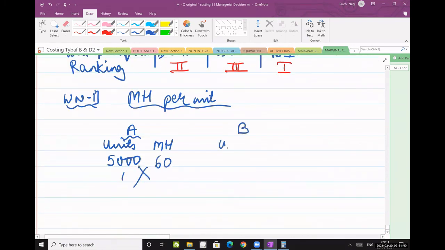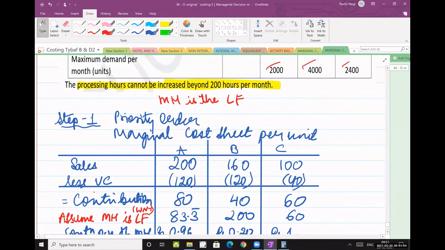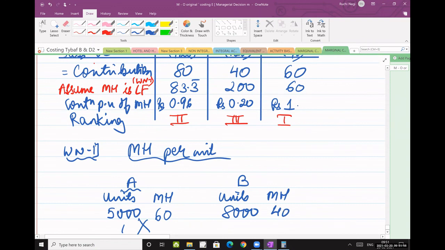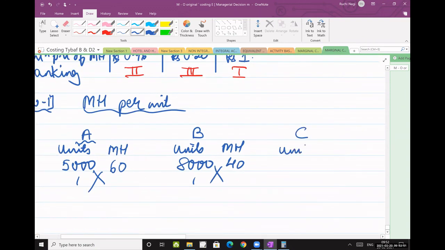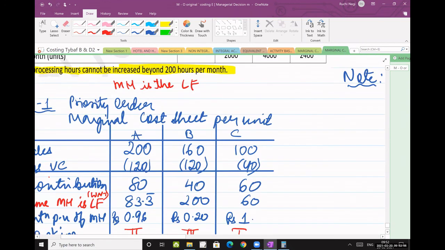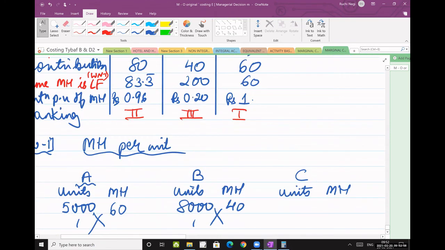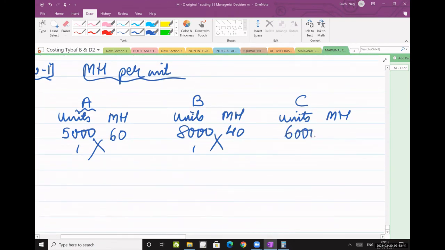And for B, 8,000 units, 40 hours. So for 1 unit, how much? C, 6,000 units, 100 hours for 1 unit, how much?